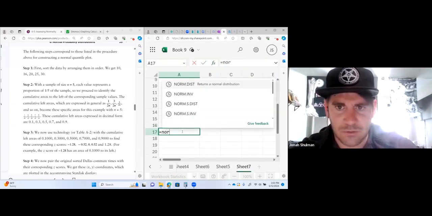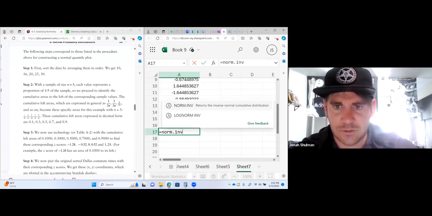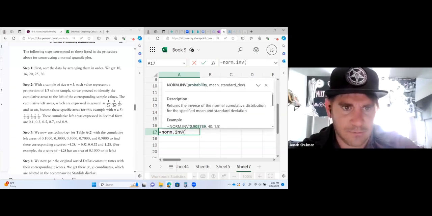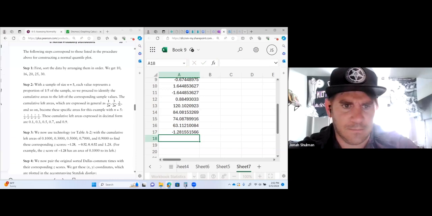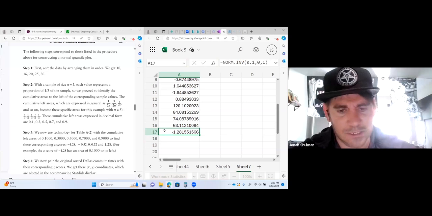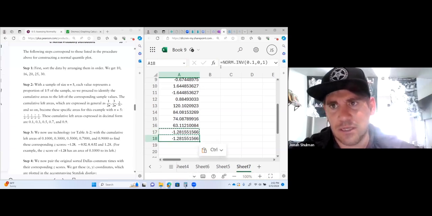Equals normal dot inverse. And what do I need? I need 10%, 0, 1. See how the first one's negative 1.28? Negative 1.28. And then I'm just going to take these and change the percentage.